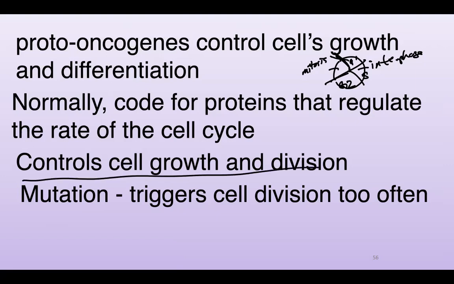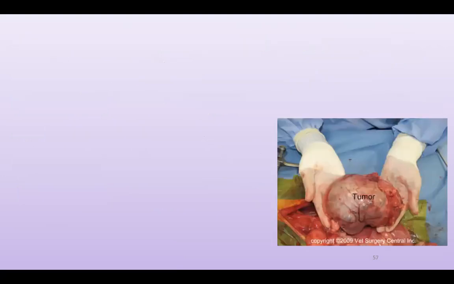So a mutation in a proto-oncogene can end up resulting in proteins that trigger cell division to occur too often. Instead of, at the end of the life of a cell, it's supposed to exit and go into G0. If you have a mutation and the proteins just keep triggering the cells to divide, they don't ever go to G0 and they keep dividing.